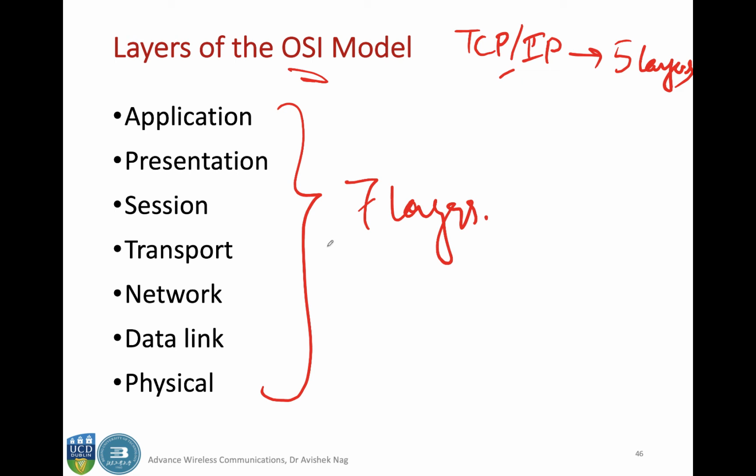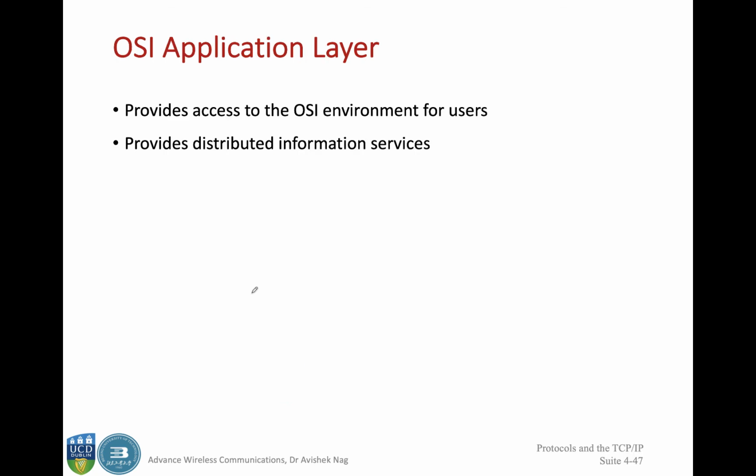There are some similarities between the two. The application layer is here, which was also there in TCP/IP. The physical layer was there, the transport layer was there, and then you can see that there are some extra layers here, the presentation and session layers. So let's see what these are.